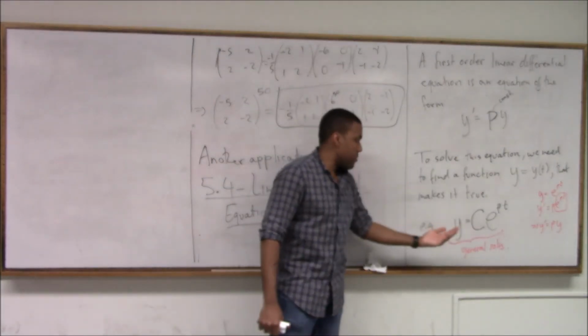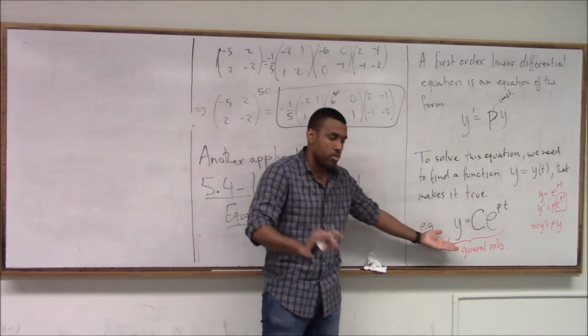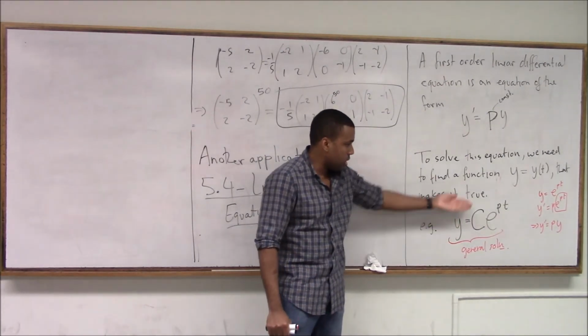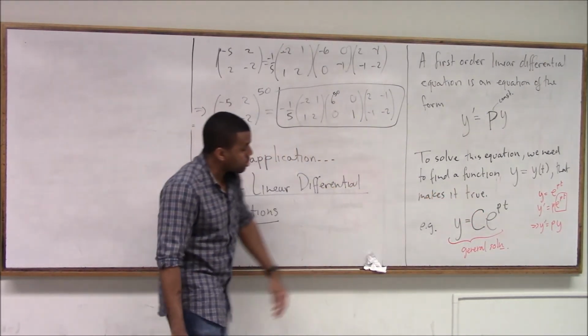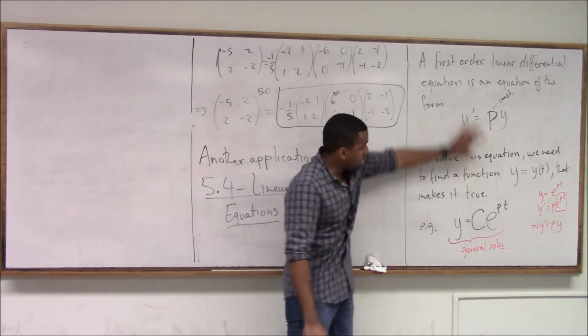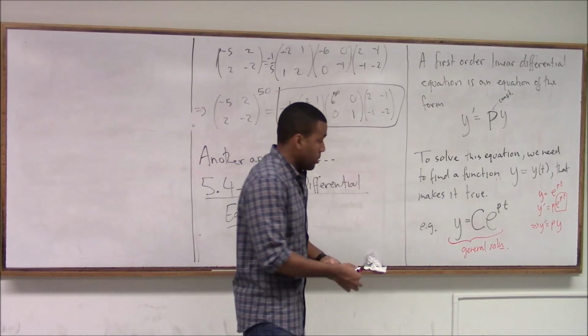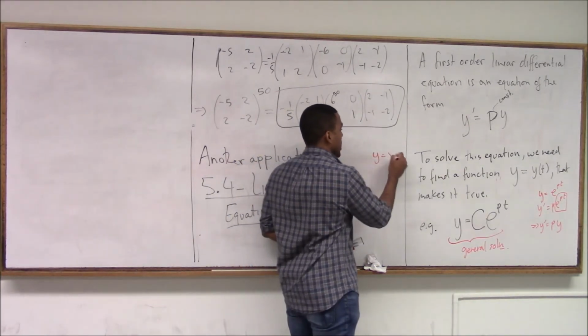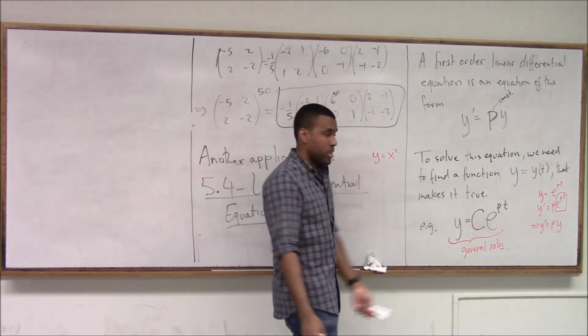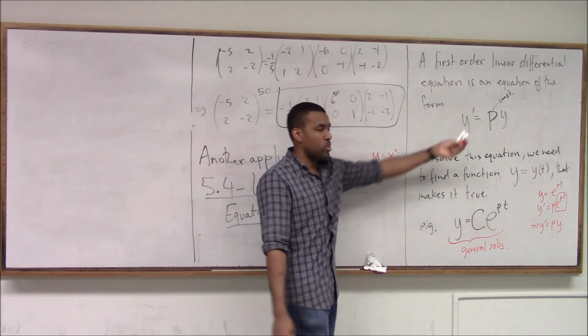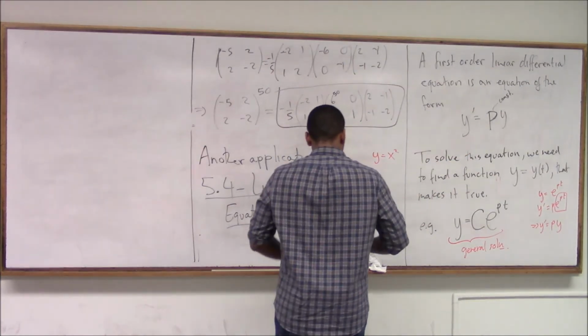You want to solve them by finding a function that has no derivatives involved. I'm just measuring the function in terms of the input variable. And once I can plug it into this and it makes sense, I say, oh, I found a solution. Notice that, for example, y equals x squared is not a solution, right? Because if I take x squared and find its derivative, I don't get p times it. Okay.